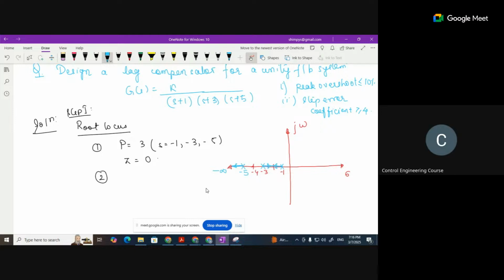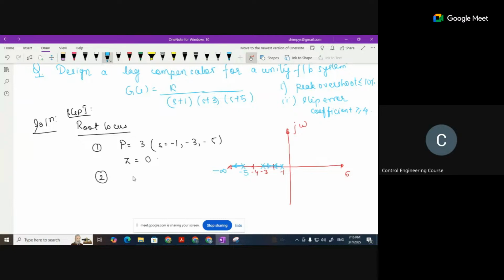No, no, we'll see. Whenever we have this condition where two branches of the root locus are approaching each other, we have a breakaway point, whereas in case of zeros, we have a break-in point. We have done a problem in the previous class. You can just go through that. And we'll see what our centroid will be here.